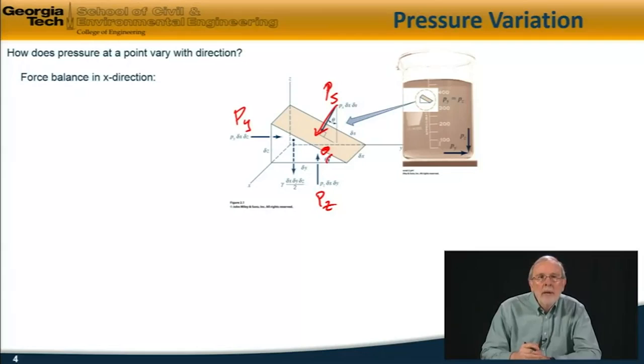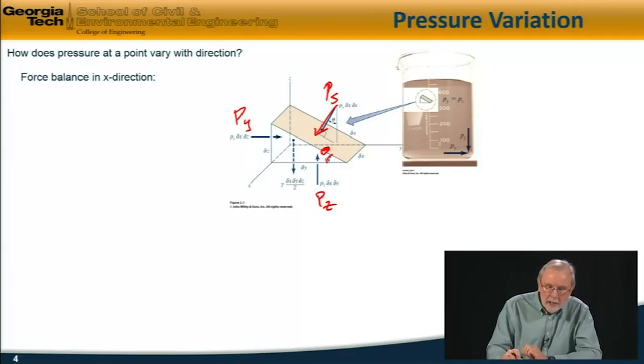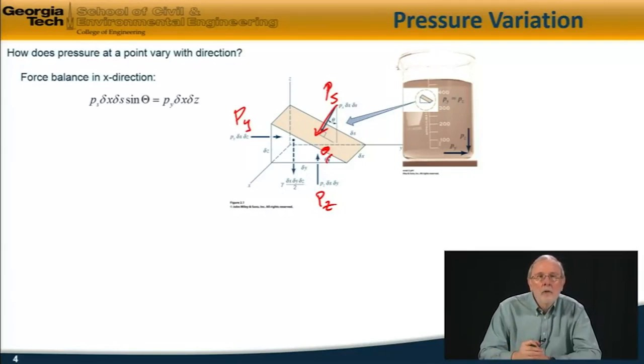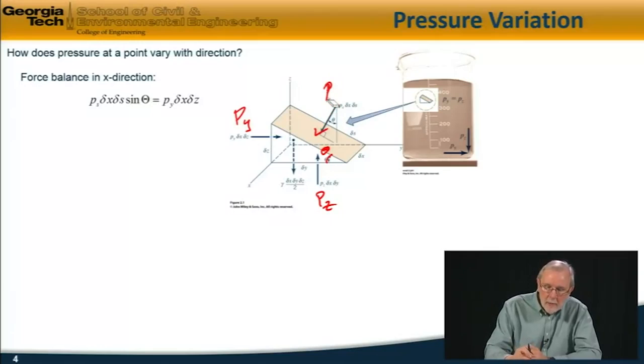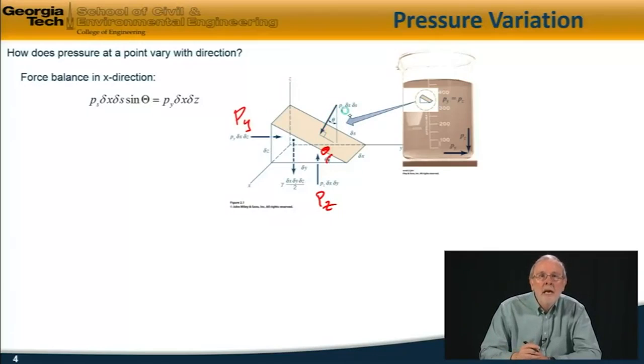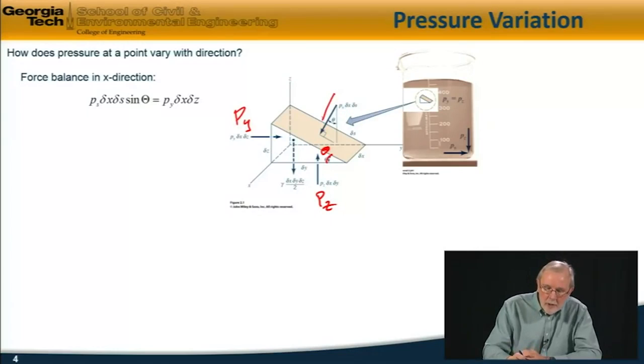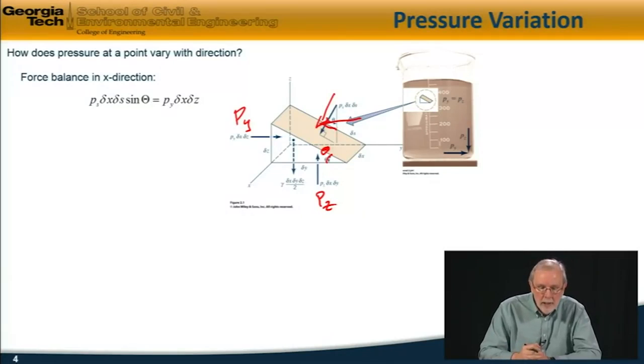First I'll balance the forces in the x direction, or the horizontal direction. On the sloping plane we have the pressure force, and the component of this pressure force in the horizontal or x direction is Ps times the area, which is delta x delta s, multiplied by sine theta.